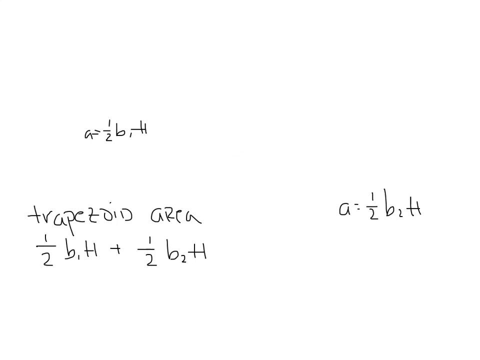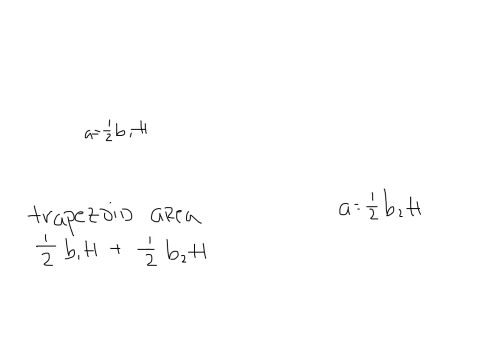So here is what we have so far. 1/2 of the base 1 times the height of the trapezoid, which was the same as the height of my first triangle, and then 1/2 the base 2 times the height of my trapezoid, which is again the same as that triangle. So the height for both of these is the same. The bases are different.